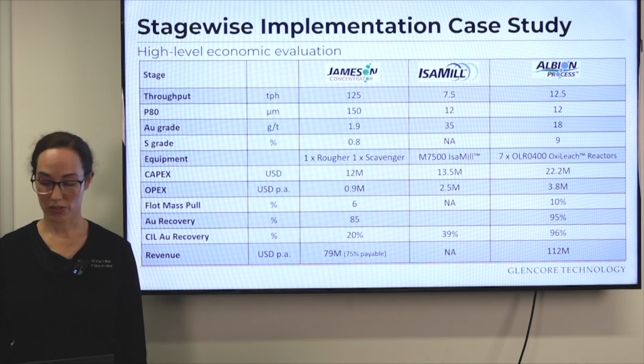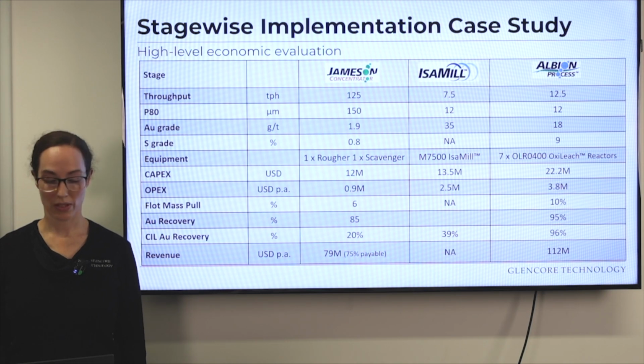The saleable concentrate produced by the rougher and scavenger achieved gold recoveries of 85% at a mass pull of 6%. The con produced was 36 gram per tonne at a 75% payable contained metal value. This will bring additional revenue forward whilst the remaining design, installation and commissioning is completed for stage 2 and 3.